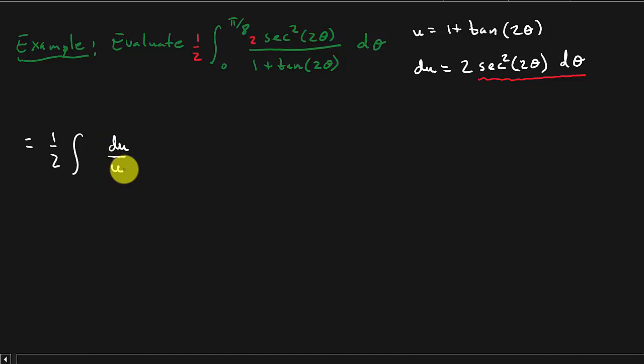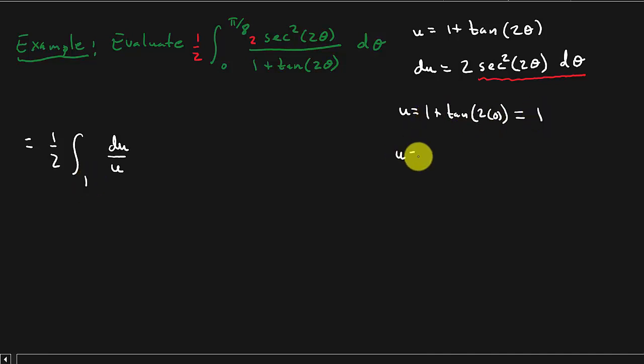Now, remember we're using u substitution, so let's go ahead and change our limits. All right, so I've got 0 and I've got pi over 8. And so I've got u equals, and that's going to be 1 plus tangent of 2 times 0, which that's tangent of 0. 2 times 0 is 0, so tangent of 0 is 0. 0 plus 1 is 1.